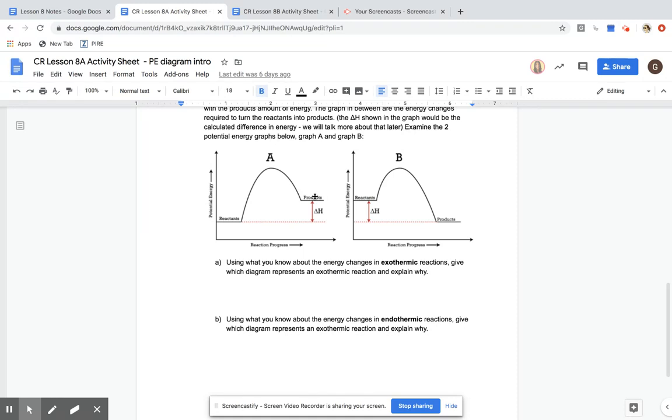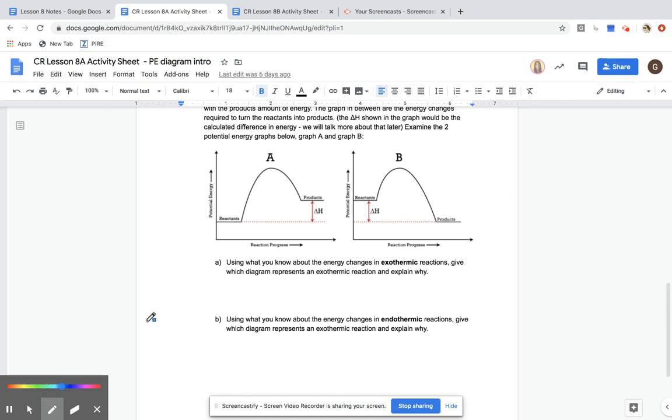So if the products have more energy, then it must be endothermic because energy went in. Here in B, the reactants compared to the products have less energy. So what must have happened to that energy? It must have gone out. It must have been released.